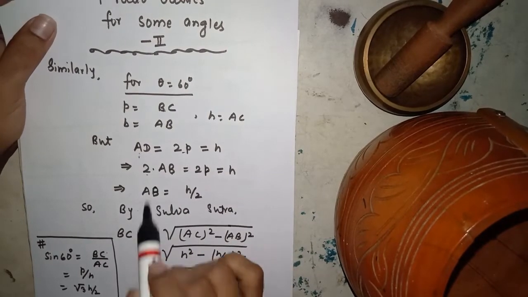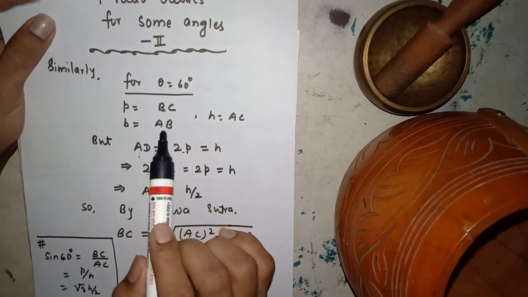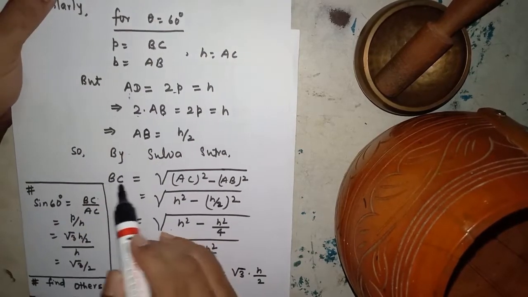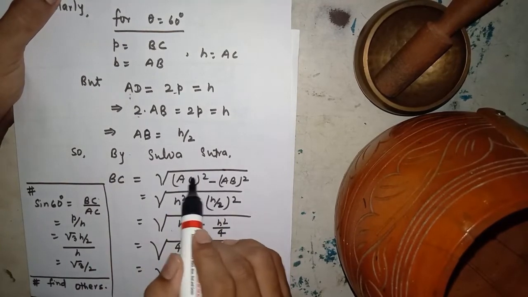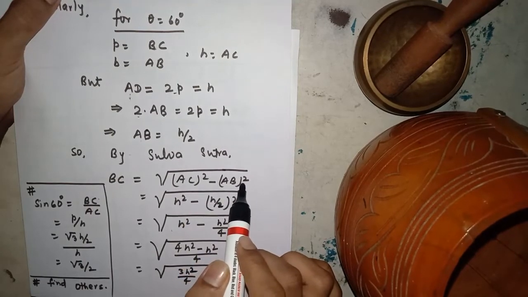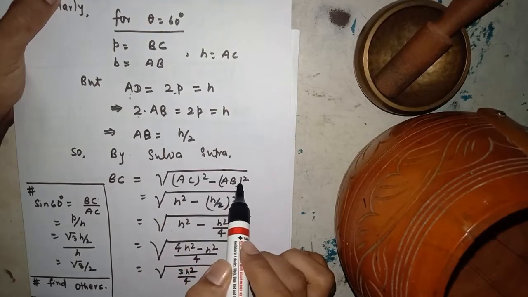So we can also solve for the value of BC, that is perpendicular, using Sulva Sutra. We already know that BC, means perpendicular, is equal to root under hypotenuse square minus base square. That means BC is equal to root under AC square minus AB square.